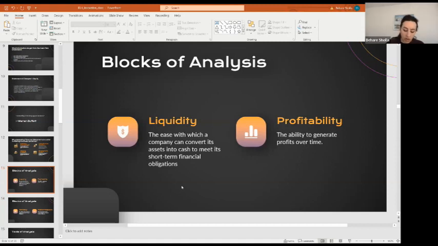These are the obligations that the company has to settle within 1 year or for a shorter period of time. Profitability is related to the income statement or the performance statement, and this shows whether the company is able to generate profit over a period of time.